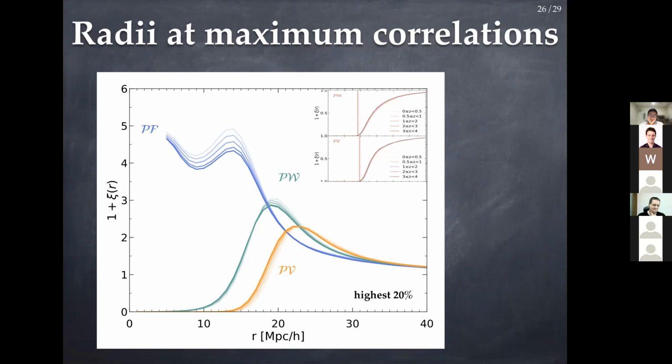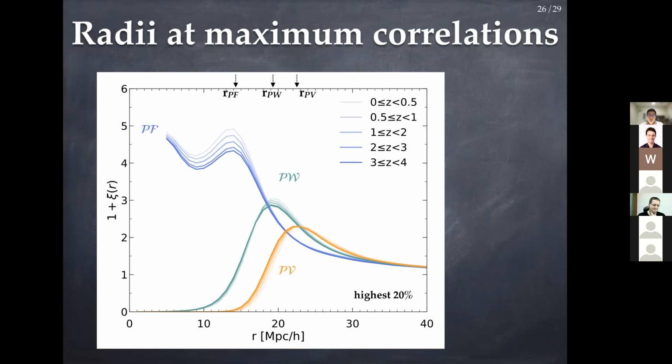And if you compare this to the previous ones, which we restricted to most underdense walls and voids, they are no longer anti-clustered, but they rise above the unity line. And they also represent some maximum in the correlation. So you can then measure these maxima, the radii where the maximum correlation occurs.